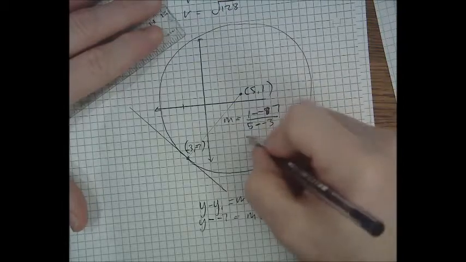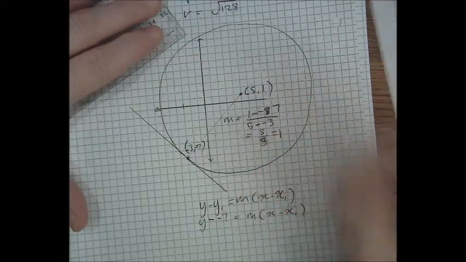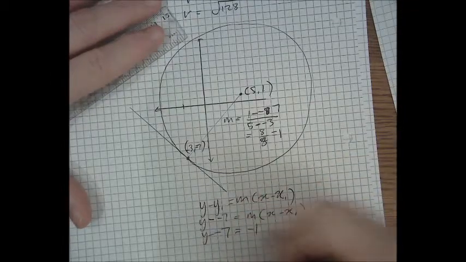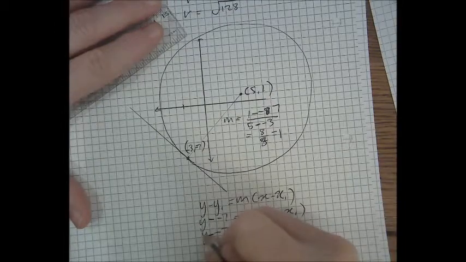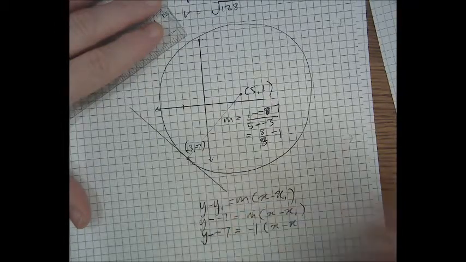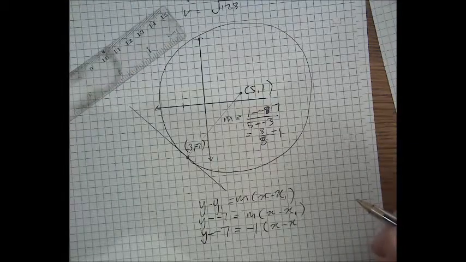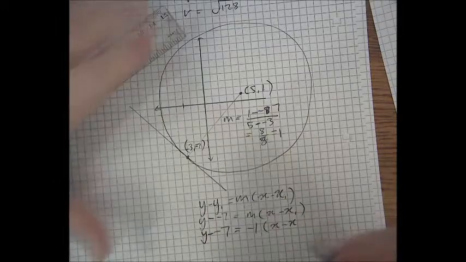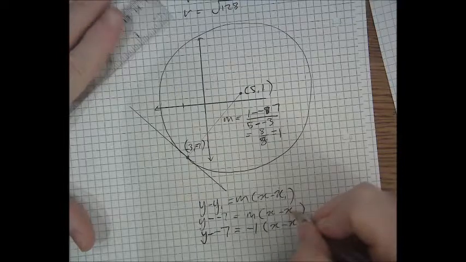So that's 8 over 8, which is 1. So therefore the gradient we want is -1, because whenever you steal a gradient for a perpendicular line, you have to take the reciprocal of the gradient you're stealing and change its sign. So from positive to negative, or negative to positive. I don't know why I didn't write the -3 there.